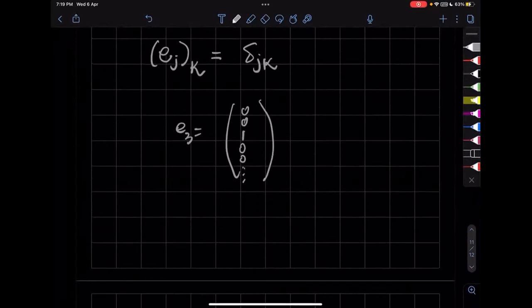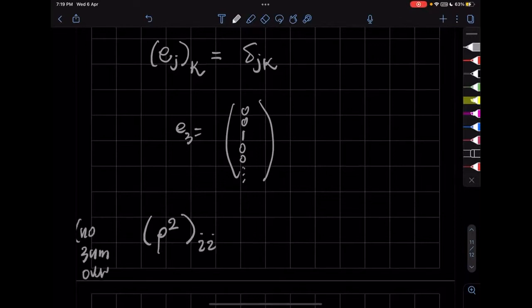Okay, now let's look at rho squared. By definition, what kind of matrix is it? Can you remind me? Diagonal. Exactly. So the only element I care about is the I element, no sum. I is repeated, but there is no sum here, okay?